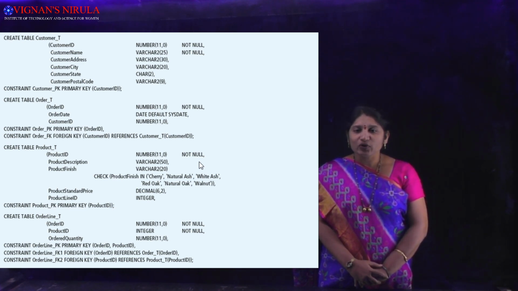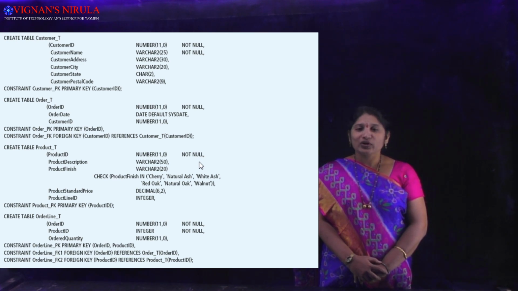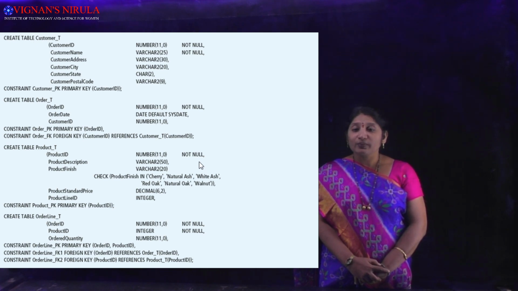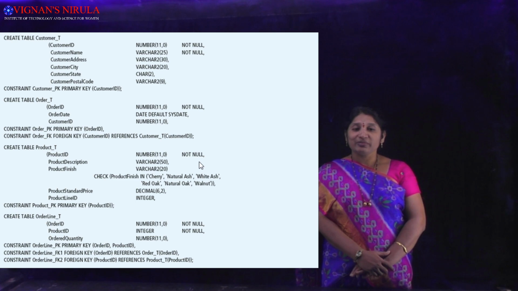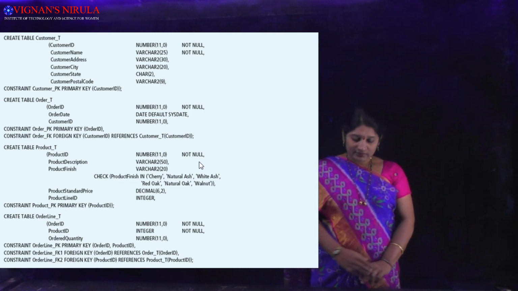The product table consists of product ID, product name, product trademark, all the details. While coming to the order line table, what is the order ID, what is the product ID, through which order which particular product has been ordered and how many quantities have been ordered for that particular product, all that information is being maintained in the order line table.